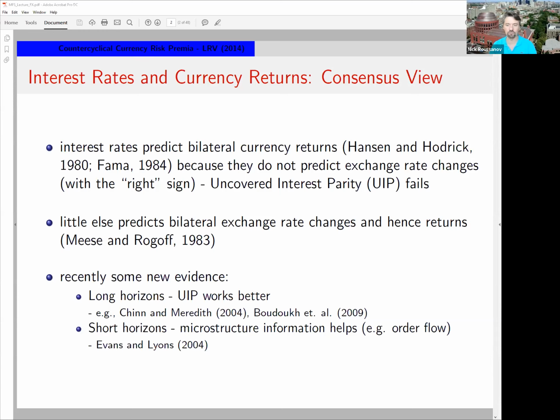In the exchange rate world in particular, that relationship fails, but we don't really know why.